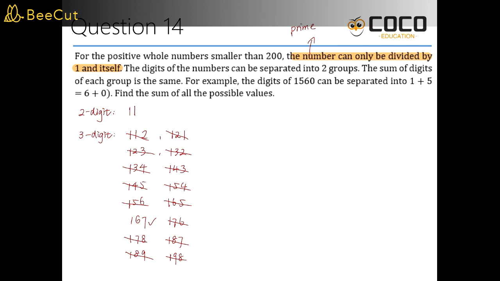If the sum is 1, then it can be 101. This one is correct, but 110 is wrong. So altogether we have 3 possible values: 11, 101, and 167. So you add them together, 279.